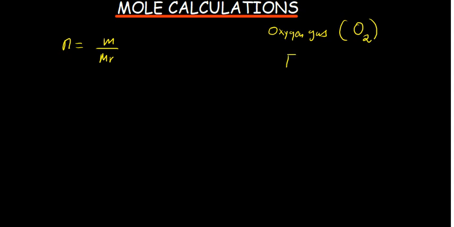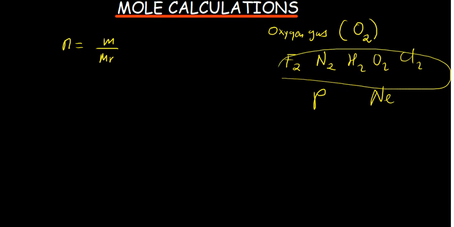Fluorine, nitrogen, hydrogen, oxygen, chlorine all always exist with a 2. Phosphorus you'll just find like this, and neon just like this, but these others always exist as diatomic gases. So you need to know that.